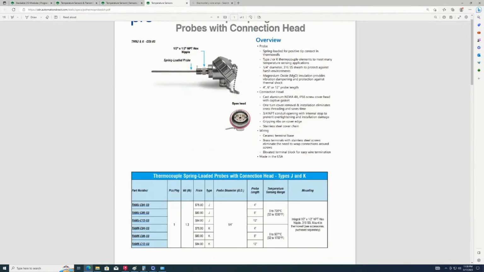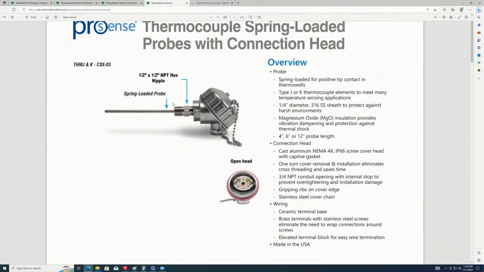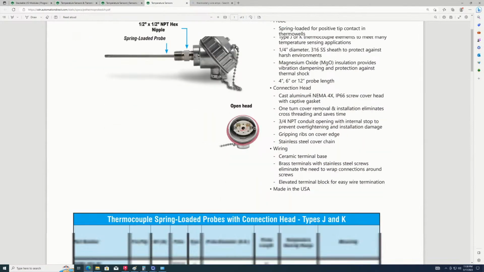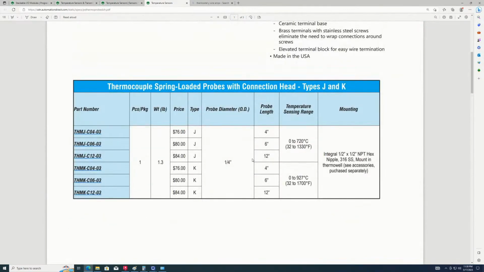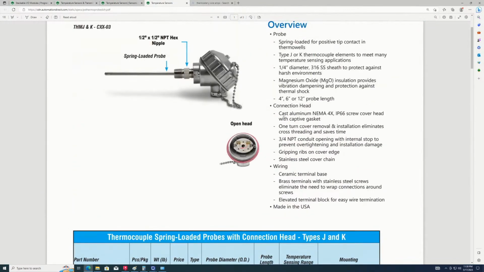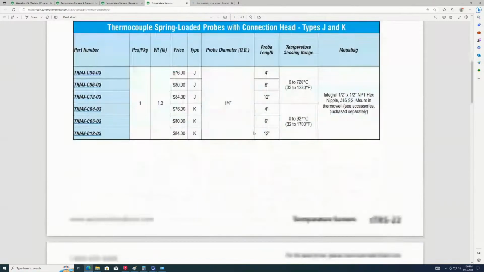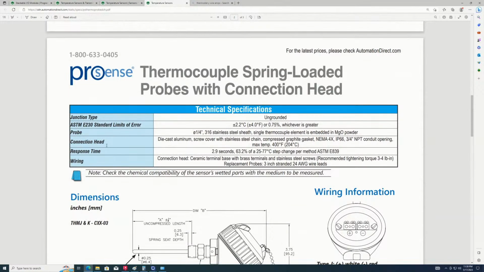Oh, this is a probe. This is like what you'll stick in a liquid or something. I want to know what you are.